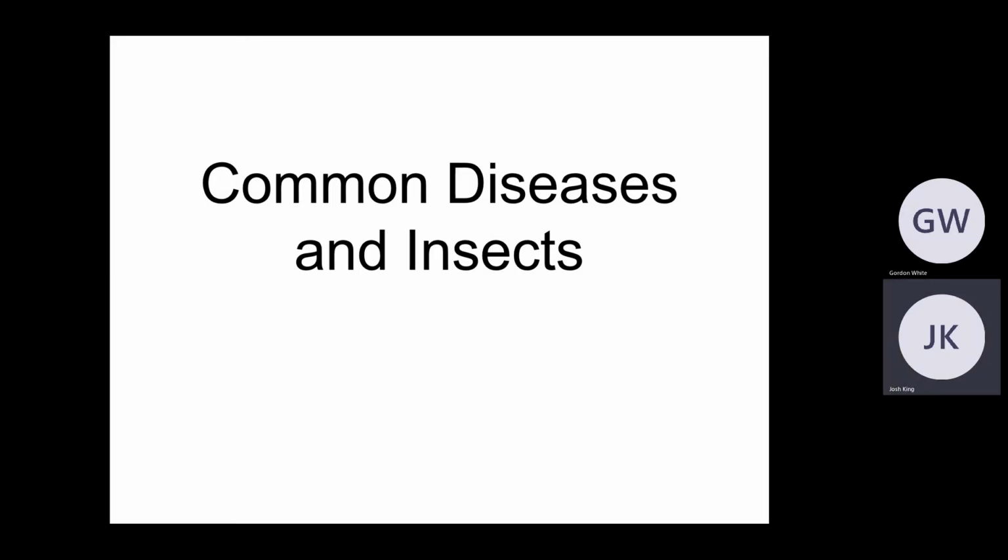We're going to talk about pests and diseases, and just let you know that some of the pests and diseases here are ones that are really important to be aware of, because they could potentially kill the tree.